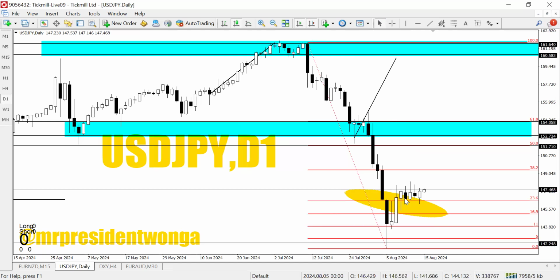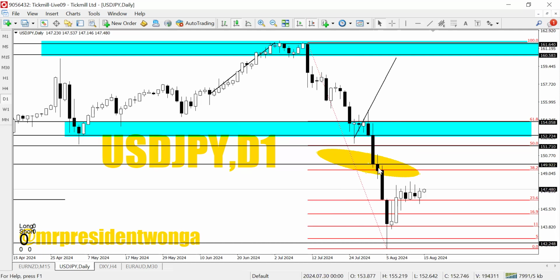When I see momentum like this, I always know that this here is consolidation, and then there's this candle here. More likely, the market is going to react to this candle, because if you zoom into the smaller time frame, you can see this is like a bullish movement.